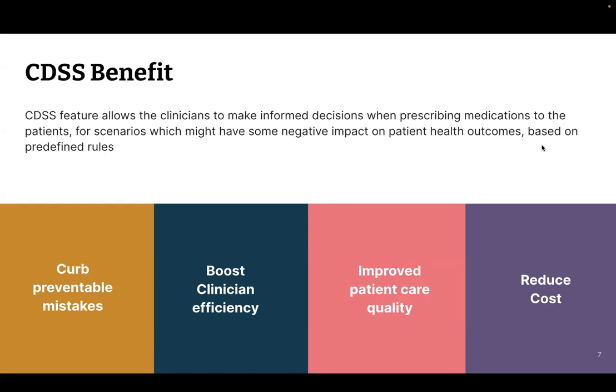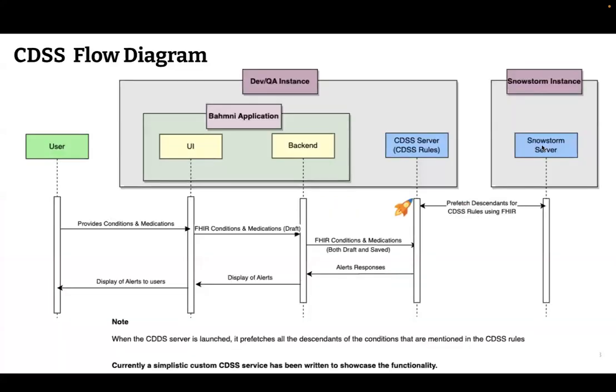Now, before we move into the demo and see the features, let's understand how the CDSS is implemented in our Bahmni-SNOMED integration project in the form of a diagram. Here in this diagram, we can see that we have a dev and a QA instance which houses the Bahmni application as well as the CDSS server.